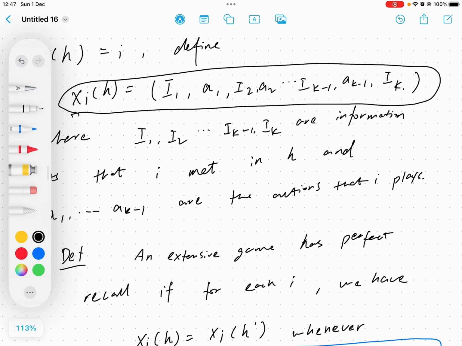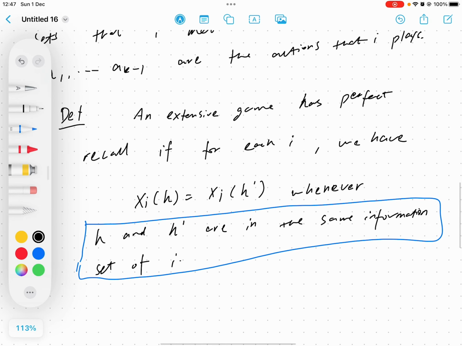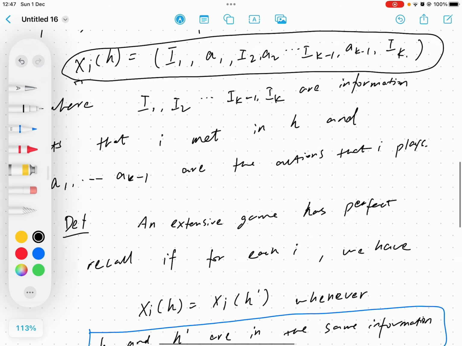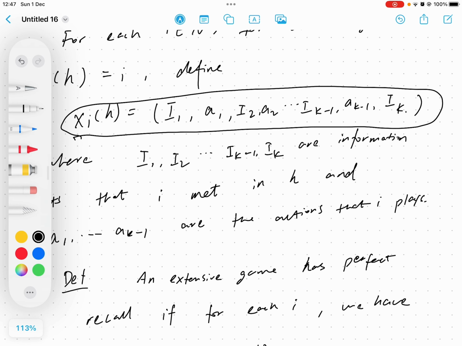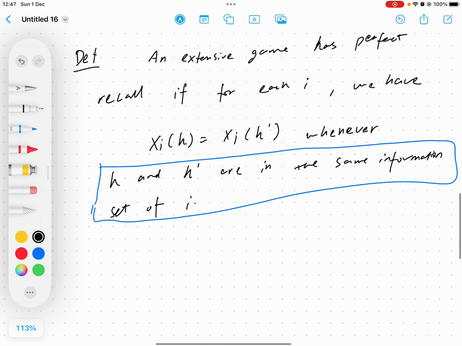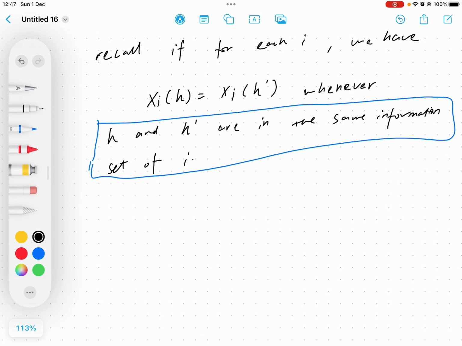In this case, if we input those different histories in the same information set, they come from different time stages, so the xi function will output different things, including different I's and different A's. That is the basic intuition behind this definition.